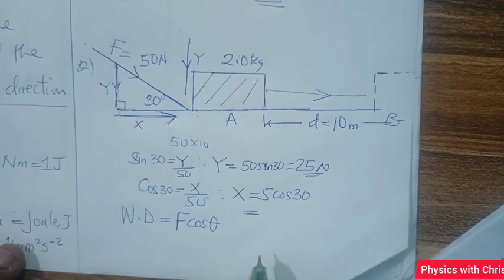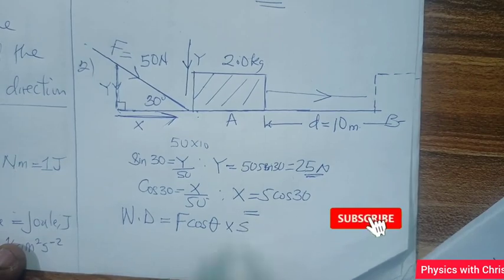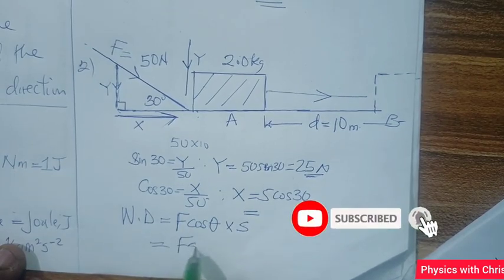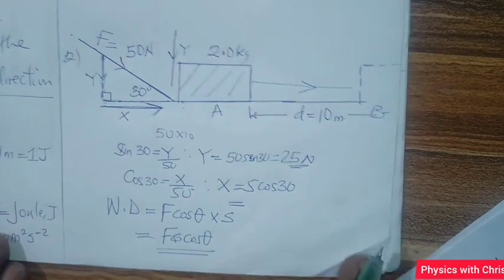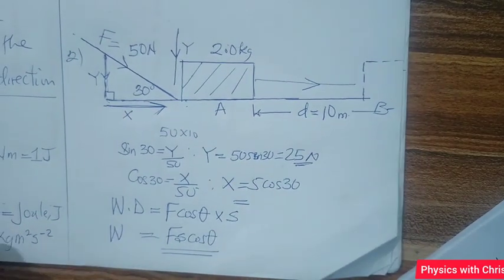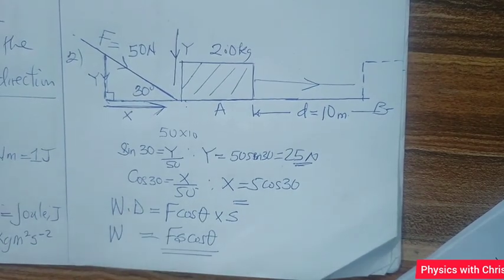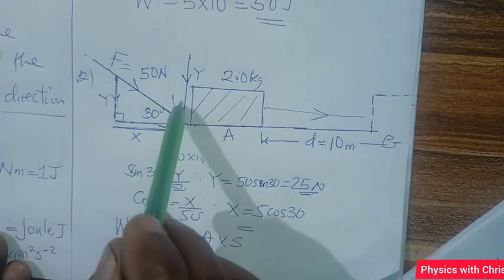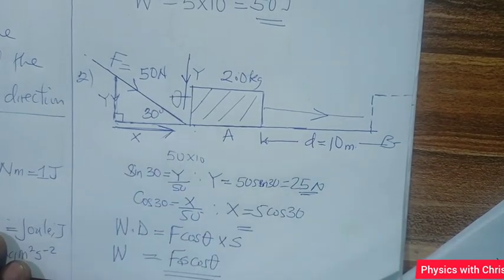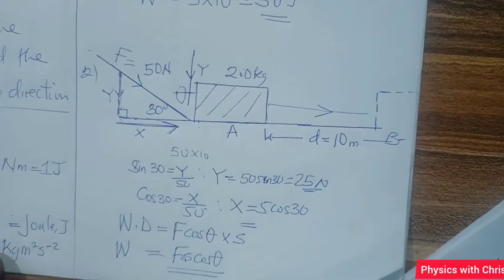That's F cos theta multiplied by the distance moved. Let me call the distance moved S. So that will give me F S multiplied by cos theta. So this is a general expression for the work done when the applied force makes an angle theta degrees with the horizontal. If the angle was to the vertical, that would be F S sine theta.